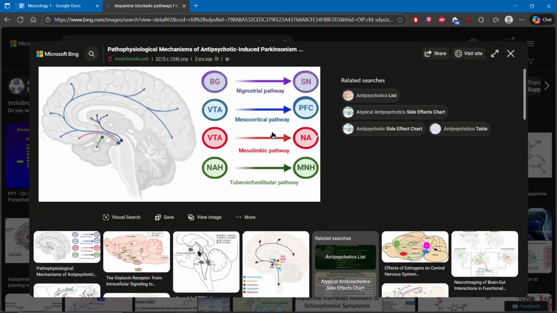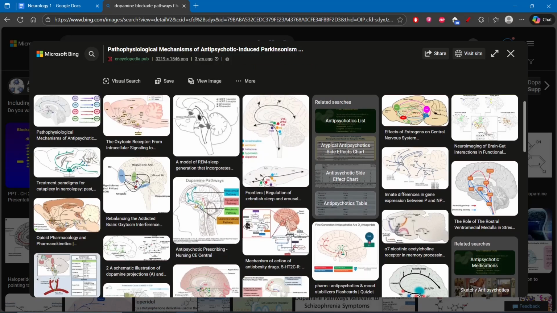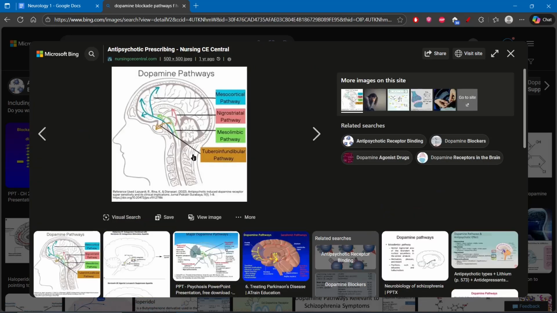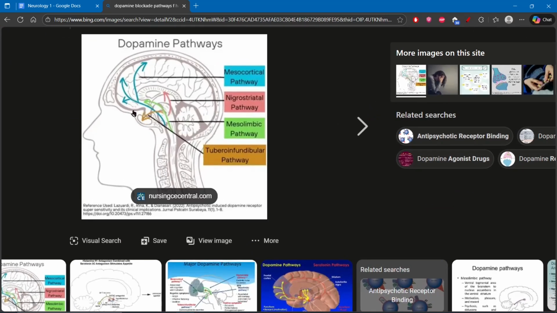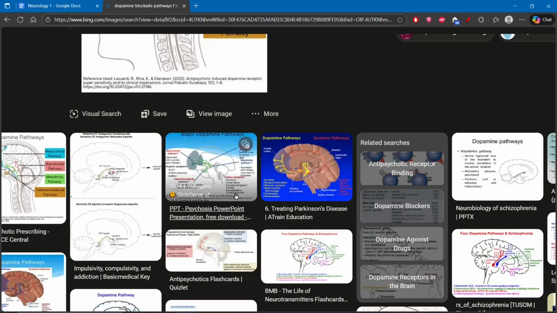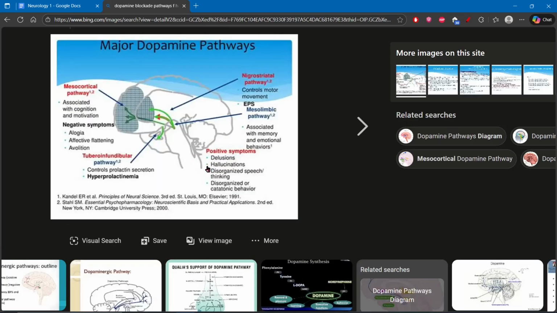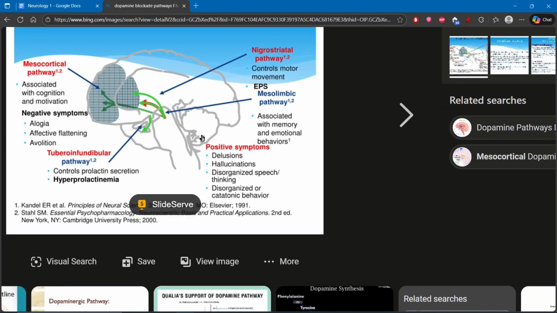So the good effects of the typical antipsychotics occur due to the blockage of the mesolimbic pathway, but the bad effects occur due to the blockage of the nigrostriatal pathway. So I hope that is clear. Yeah, this is the better picture.